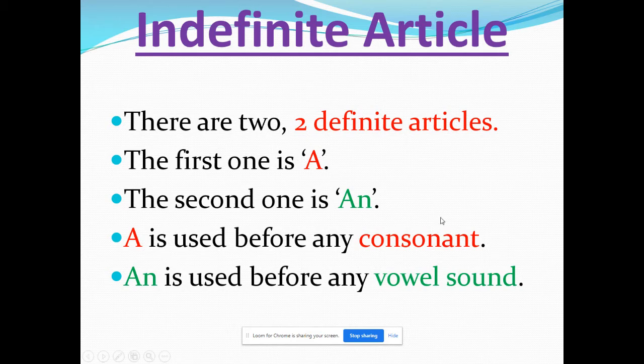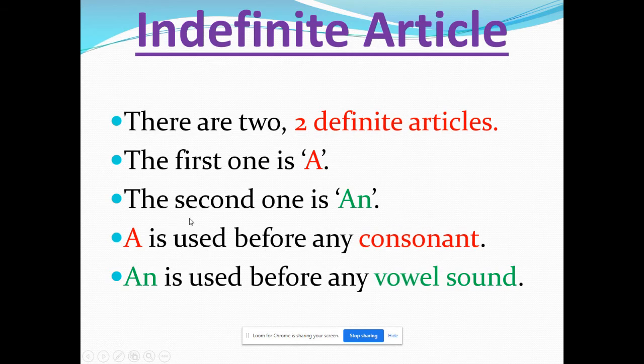I think I made a little mistake right here because there are two indefinite articles, not definite, but indefinite articles. Okay. The first one is a, and the second one is an. A is used before any consonant, and an is used before any vowel sound.